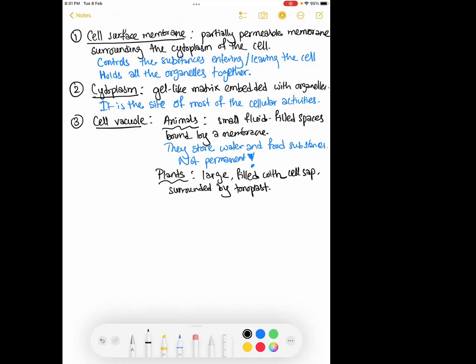What does cell sap contain? It's just made of water, minerals, amino acids and stuff like that. I'm not writing it down, okay? That's it.